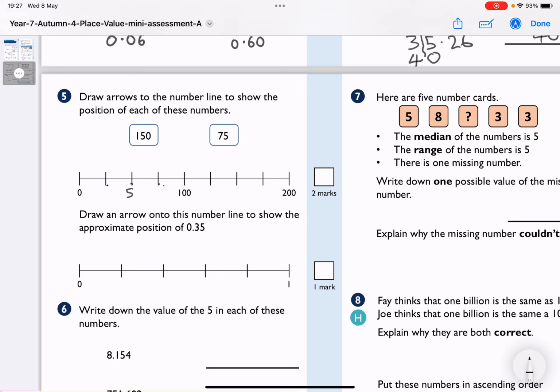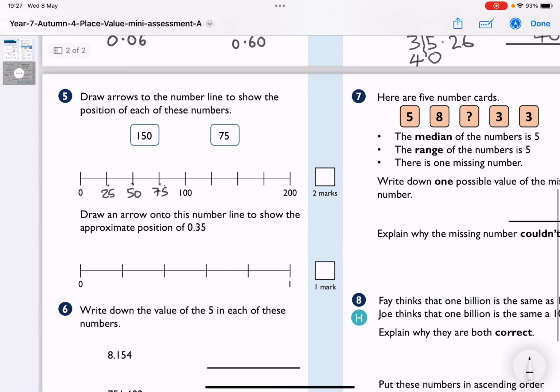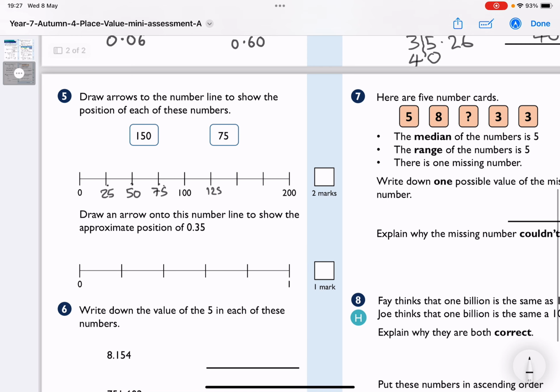Halfway is 50, so I can see this is going up in 25s. So once I know that scale, why not write them on? And then I can see that 150 is here. In fact, draw an arrow to it. There you go. That was a bit ridiculous, wasn't it? And 75 is just there.